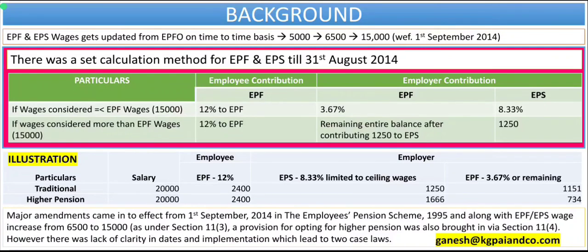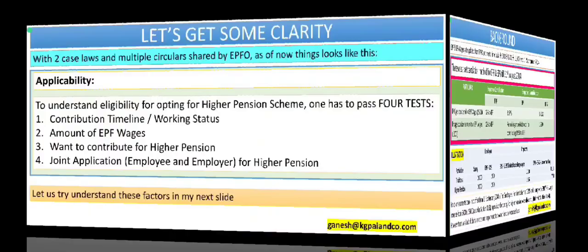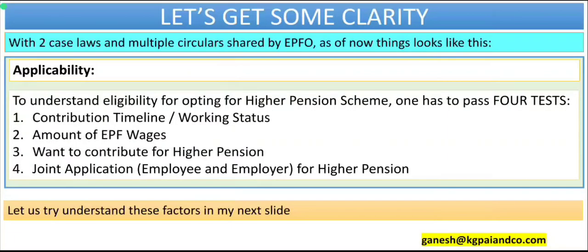Now let's move on and understand who can opt for higher pension. To opt for higher pension, one has to pass a litmus test. There are 4 factors we need to consider to decide whether an employee is eligible for opting for the higher pension scheme or not. What are those 4 factors? The first one is when the contribution was made, or the status of the timeline of such employee's working period.